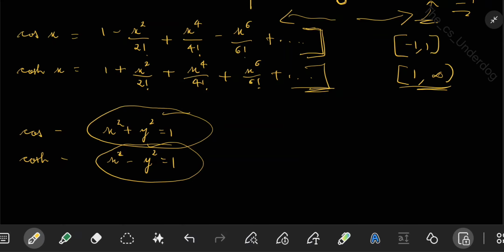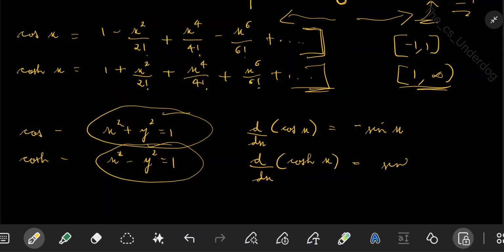Next thing we need to discuss is derivatives. What is the derivative of cos x? That is, if you do d by dx of cos x, what do you get? You get minus sin x. So this is what you already learned about derivative of cos x. What about the derivative of cos hx? If it is instead of cos x, if it is cos hx, then the negative won't be there.